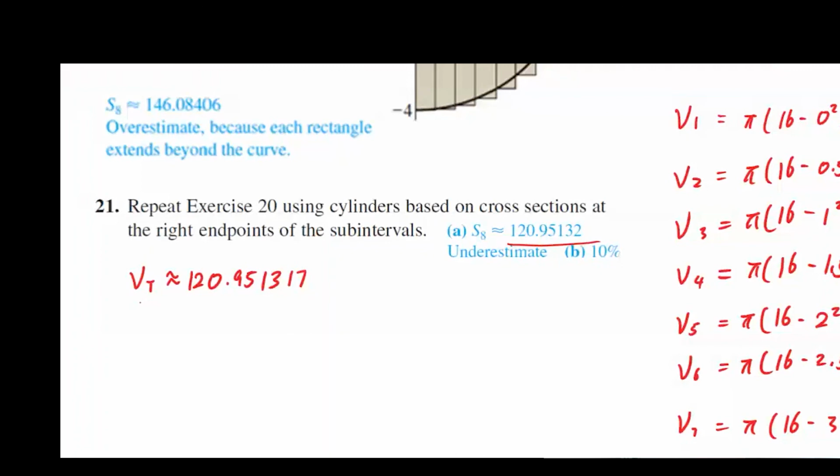Now can you see which is overestimate and which is underestimate? Because we are so used to thinking left rectangle is underestimate and right rectangle is overestimate, but this is the other way now, isn't it? Why is this thing underestimate? This is underestimation.